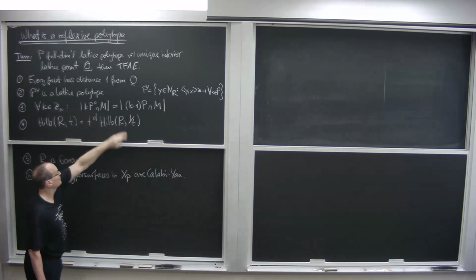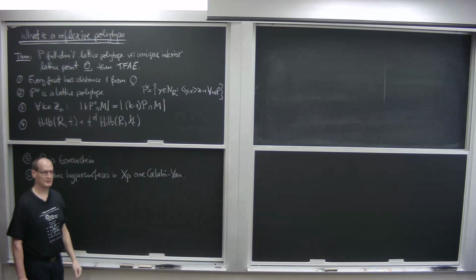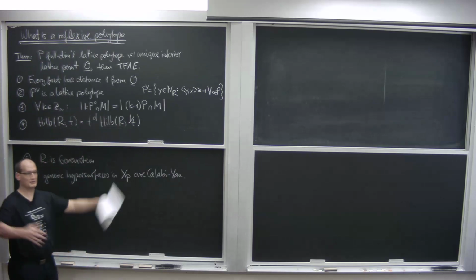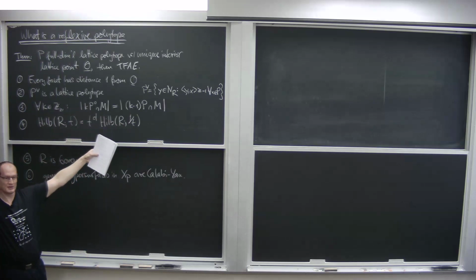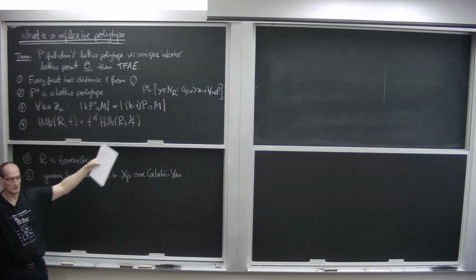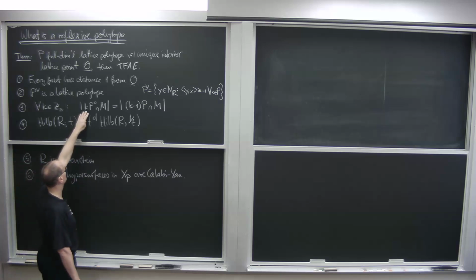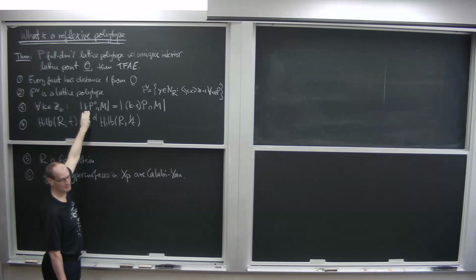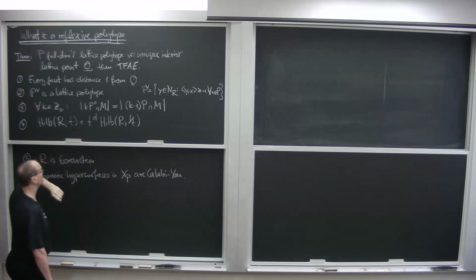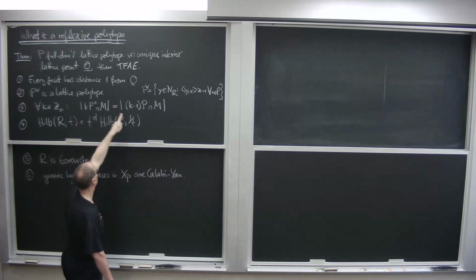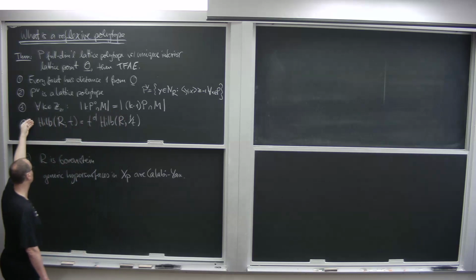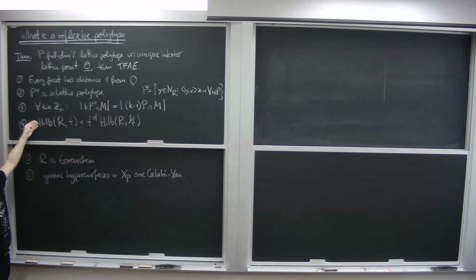This is a lattice point counting property: if you dilate your polytope by a factor of k and look at the interior lattice points, you could just dilate it a little bit less. And so this is the Hilbert function of R in degree k. This is a generating function, the Hilbert series.